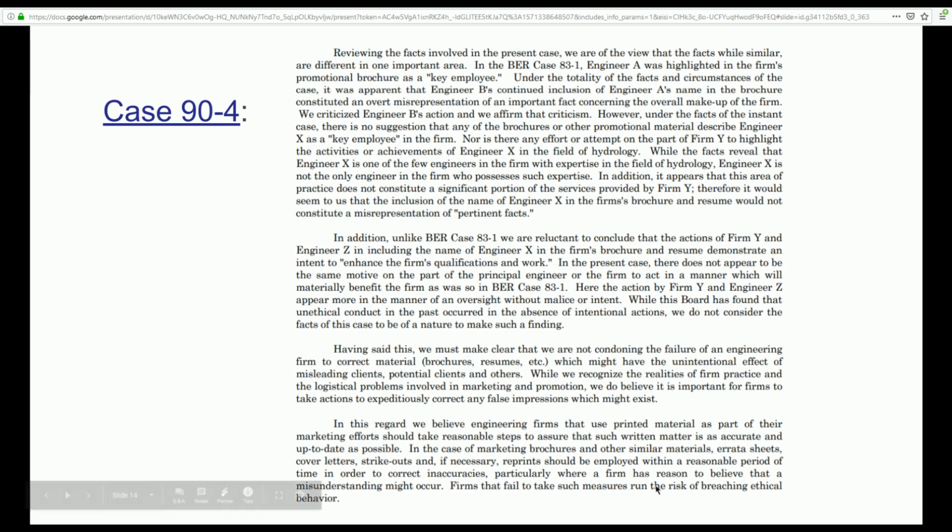What they suggest is that in these kinds of circumstances, maybe you print an errata sheet that you pass out with the literature so that it issues corrections, or maybe you just go through the literature with white-out and change anything that needs to be changed. Maybe within a reasonable amount of time after the engineer leaves, this literature should be updated to reflect the current roster of the firm.